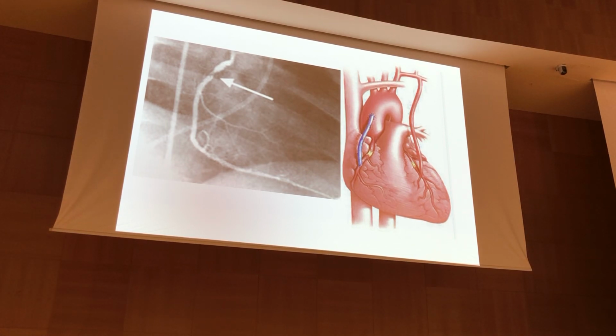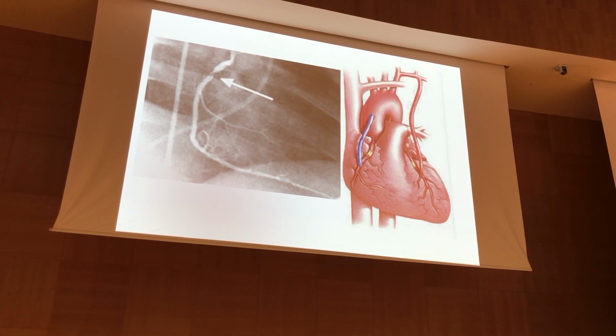So if there is a narrowing of an artery, what do they do? They go with the same catheter and inject the dye. That catheter has a balloon. When they reach the constriction, they inflate the balloon so it opens the constricted area. Sometimes they use a blade to remove the fat or the atherosclerosis. If not, they will put in a stent.